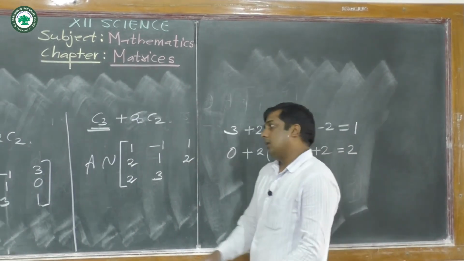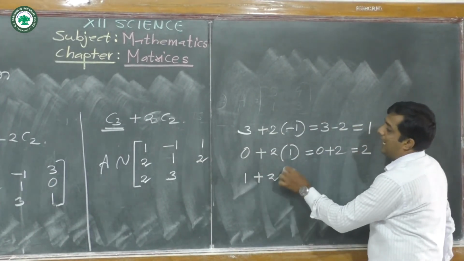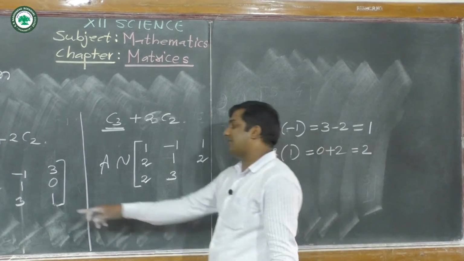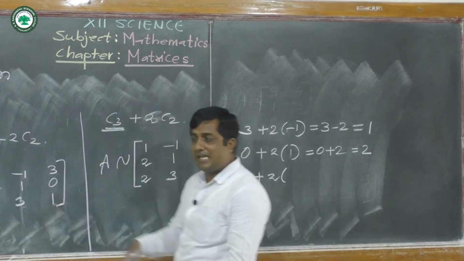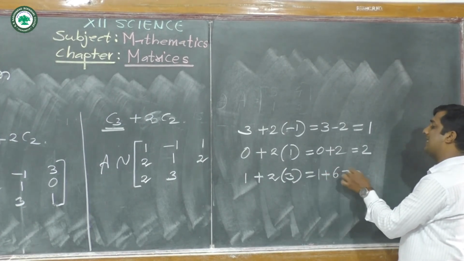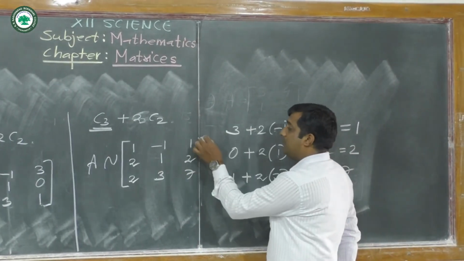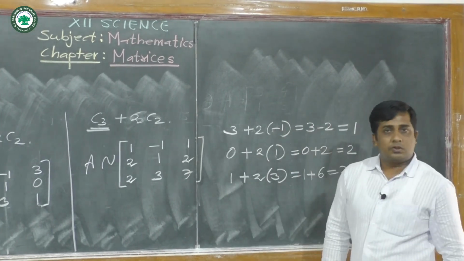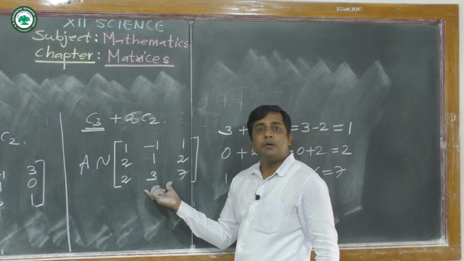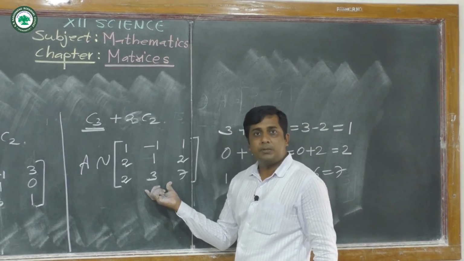Next, the third element of column 3 is 1 plus 2 times the last element of column second, which is 3. So here 1 plus 6 is equal to 7. So the last element of column 3 is 7. So this is our new equivalent matrix.